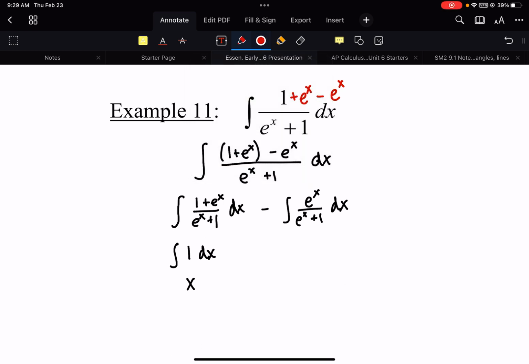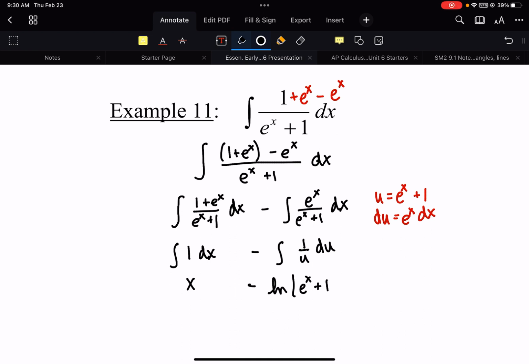The next one we're going to do a u sub for, just a regular old u sub. So u is going to equal e to the x plus 1, which means our du is e to the x dx. So this integral turns into 1 over u du, which is going to be the natural log of u, which is e to the x plus 1.